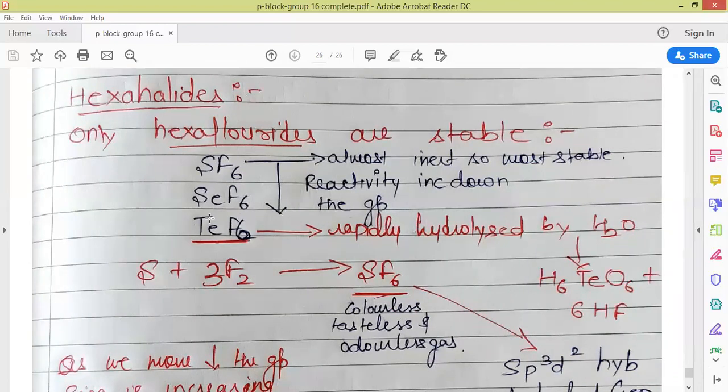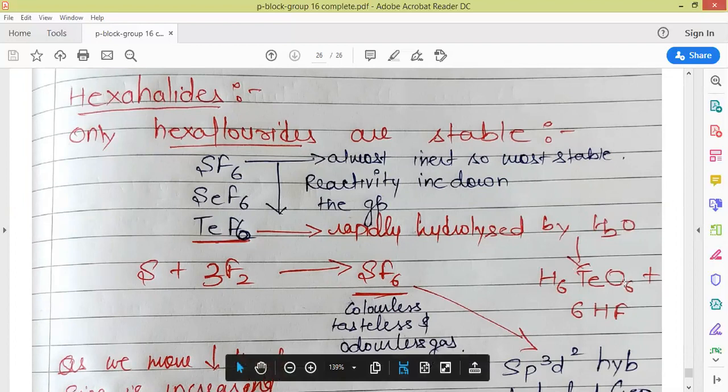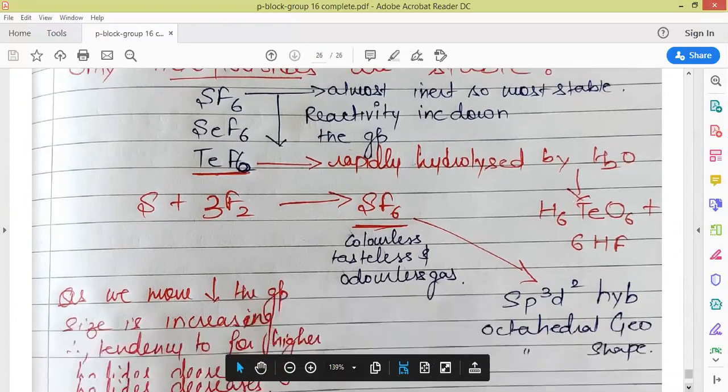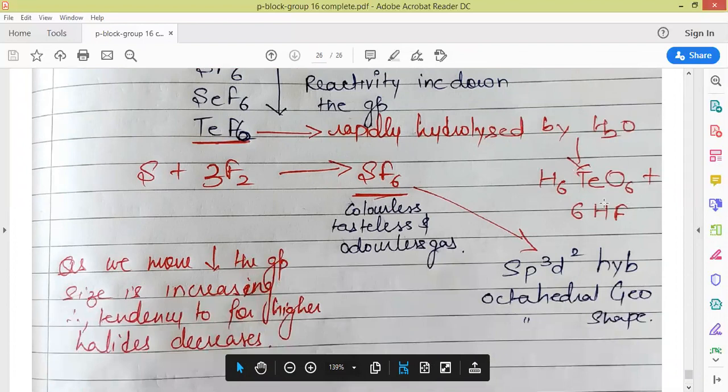SeF6 reactivity increases further, and TeF6 undergoes rapid hydrolysis in comparison to SF6, which doesn't get hydrolyzed at all. So it undergoes hydrolysis to give telluric acid, which has an octahedral structure, that is Te(OH)6.